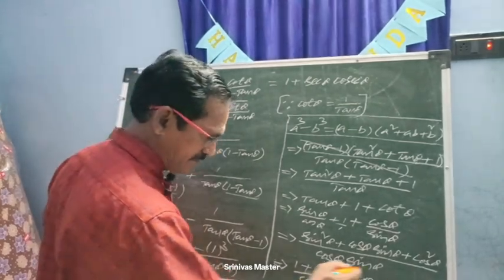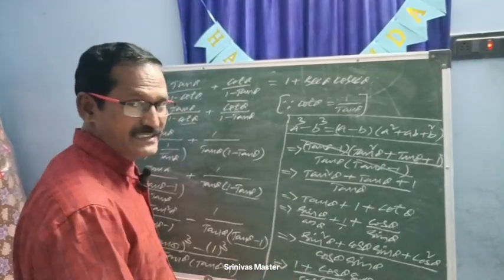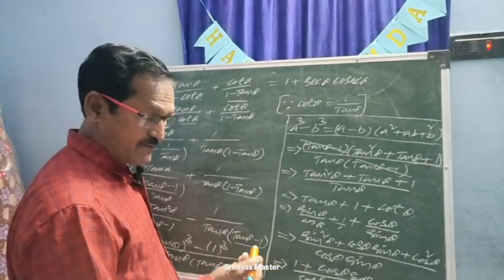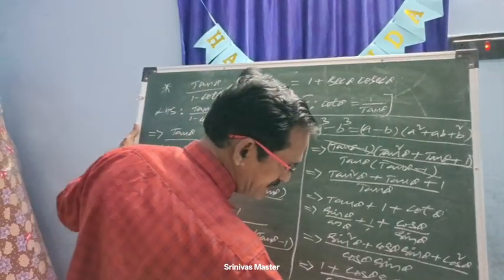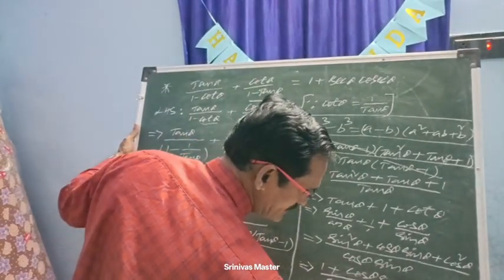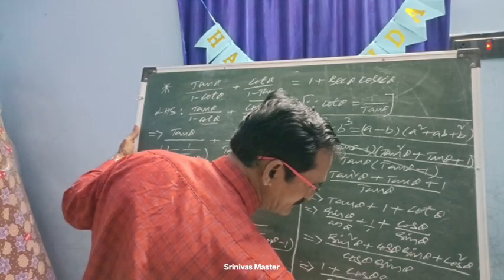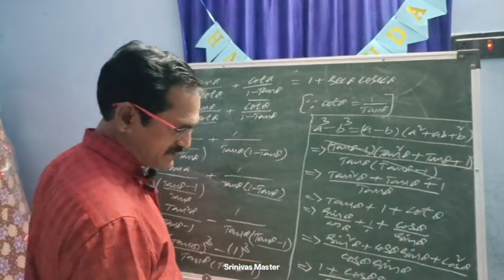Just listen, children. 1 by cos theta sin theta means 1 by cos theta into 1 by sin theta. 1 by cos theta is equal to sec theta. 1 by sin theta is equal to cosec theta. So what result will we get? Sec theta cosec theta plus 1. Why is it 1?